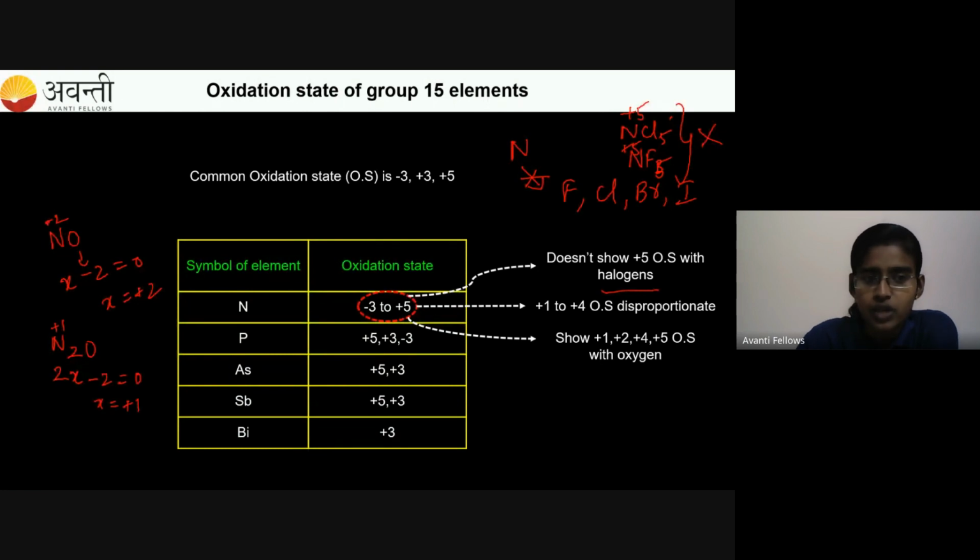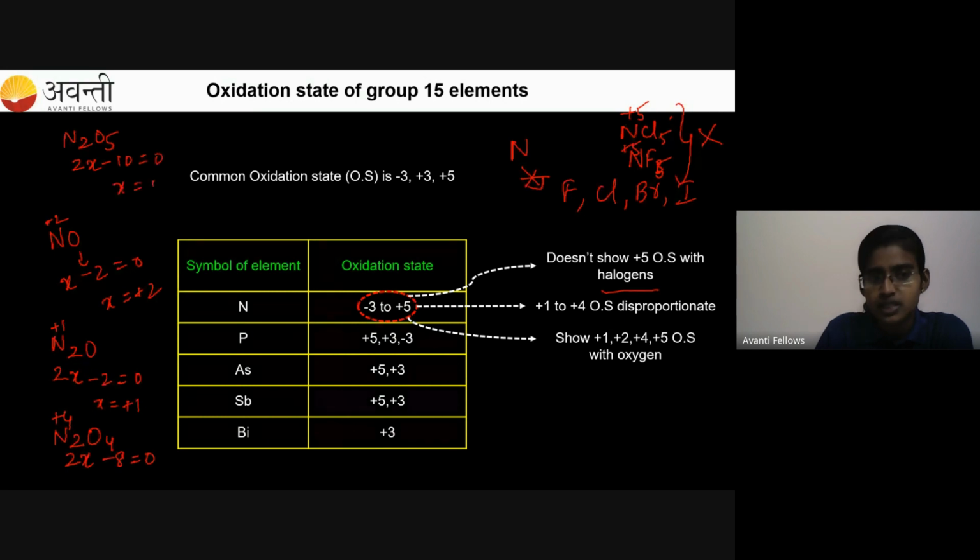So in this compound, I am having +1 as the oxidation state for nitrogen. And in case of N2O4, it is 2x minus 8 is equal to 0. So here you will get +4. Okay. And in N2O5, 2x minus 10 is equal to 0. So x is equal to +5.